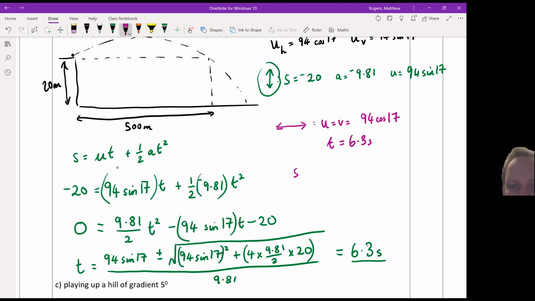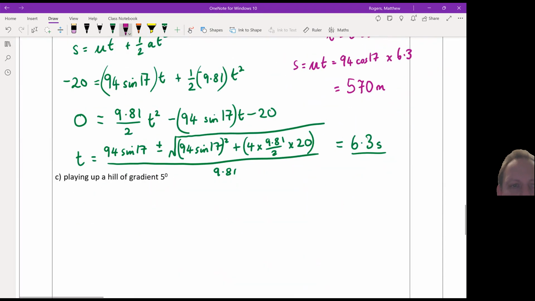So I can do s equals ut, which is 94 cos 17 times 6.3, which gives me a distance of 566 meters again. So we're going to round it to 570, far further than any golfer in real life, I think, could hit it off a cliff that big.